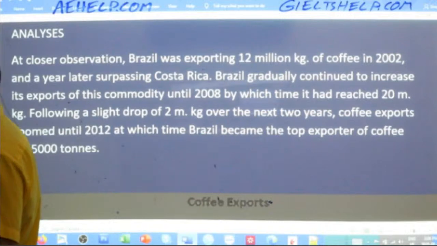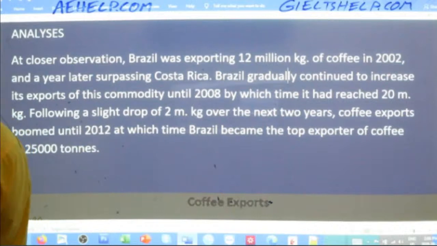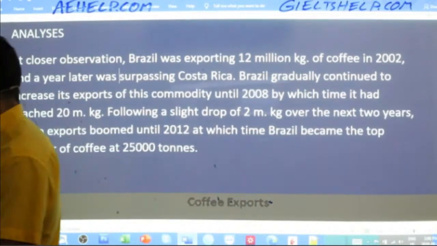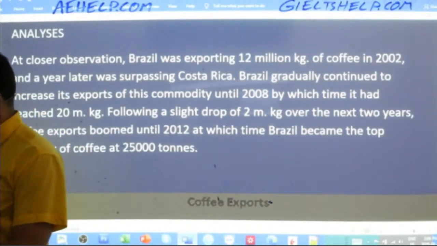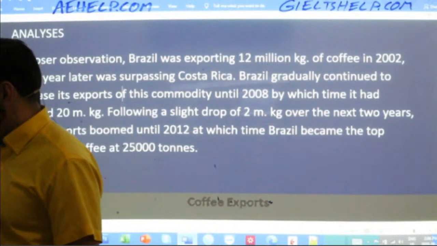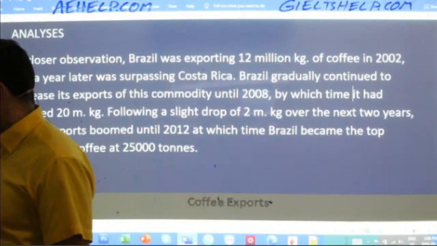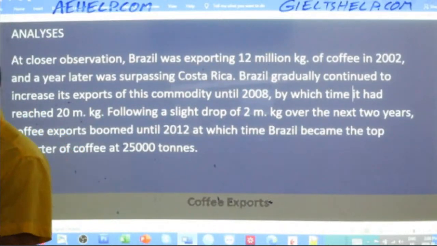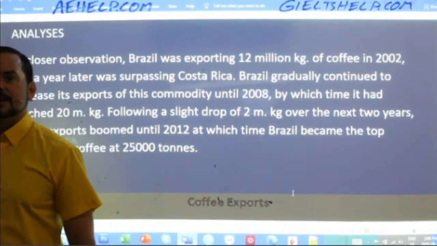Comma, and a year later was surpassing Costa Rica. Brazil gradually continued to increase its exports of this commodity until 2008, by which time it had reached 20 million kilograms. All right, okay, and so forth. So you keep reviewing, revising, and making it better. All right.